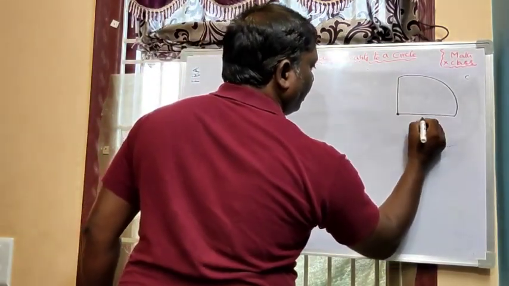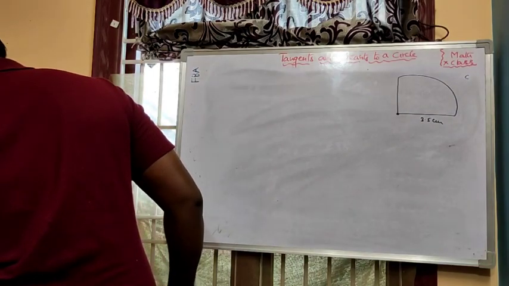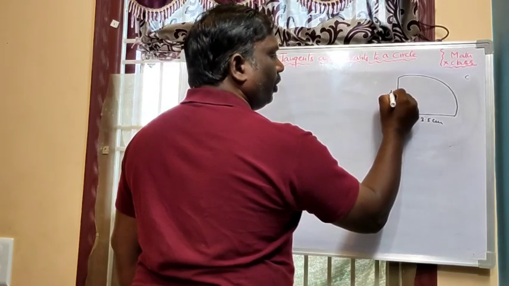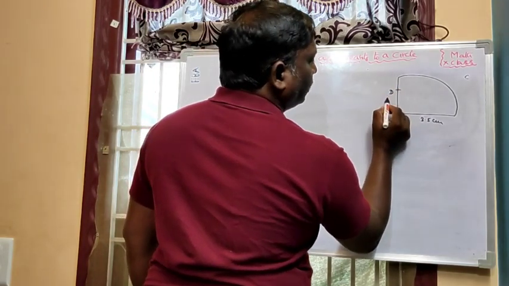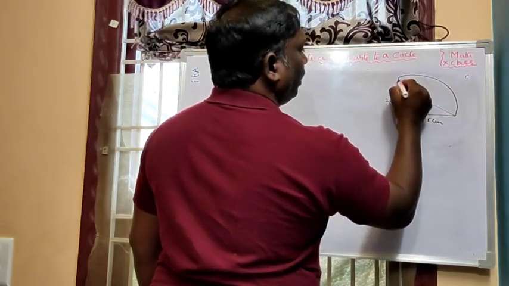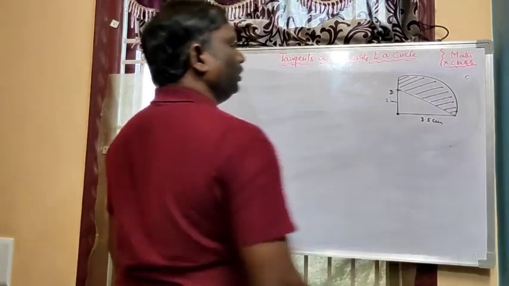This is the center, radius 3.5 centimeters, and if OD is 2 centimeters, they are marking one more point D, and OD is 2 centimeters. They joined here, and we need to find the area of this shaded region.